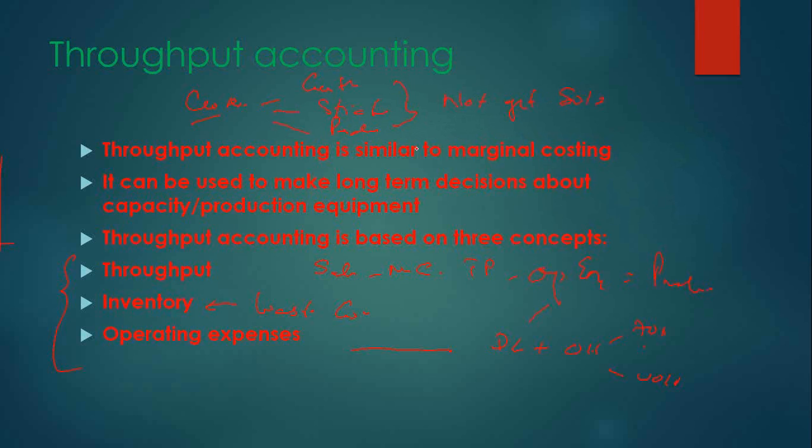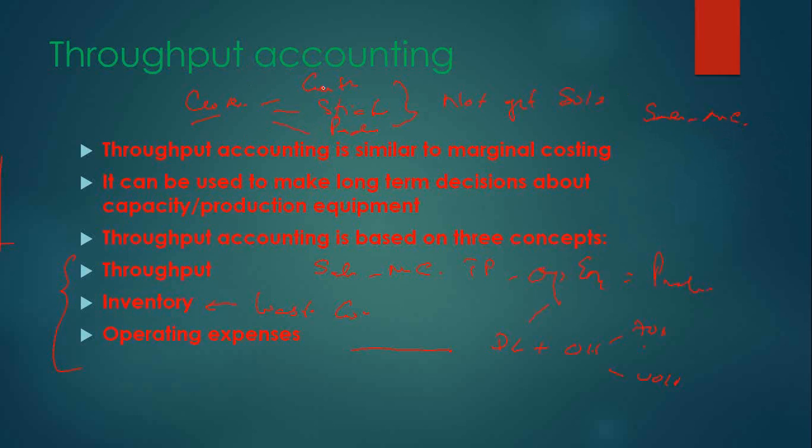So according to throughput accounting, none of these things are considered a valuable item, cutting, stitching, all that, because you look only at sales minus the material cost as your throughput.